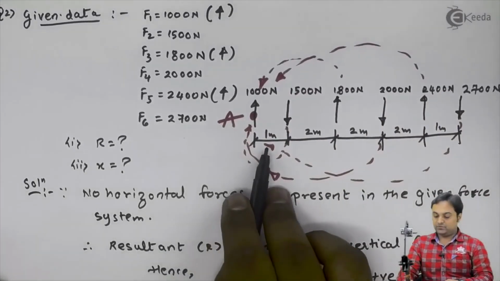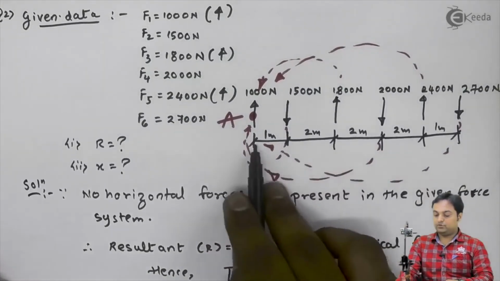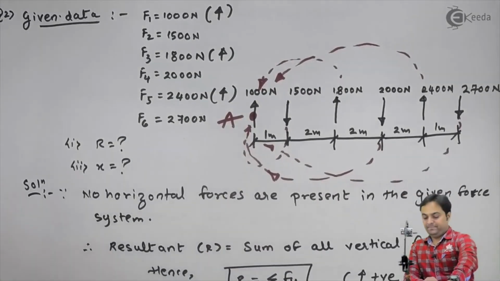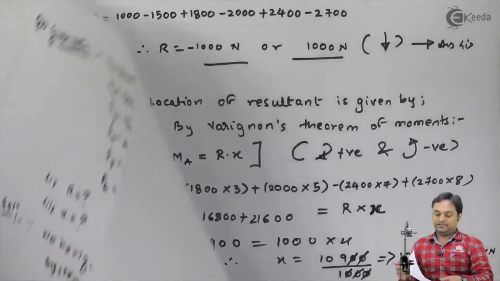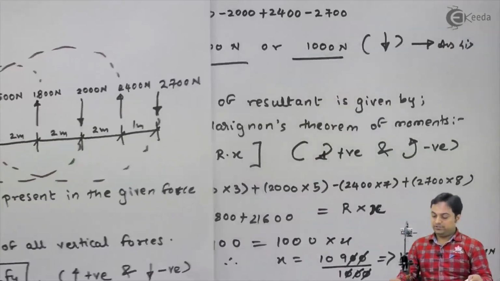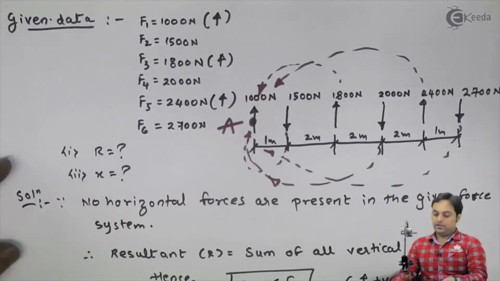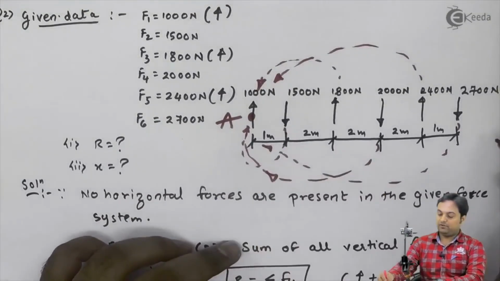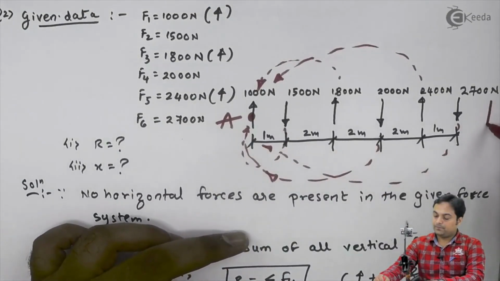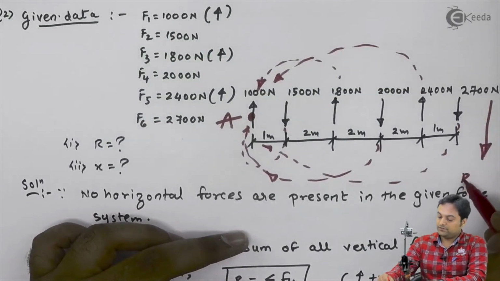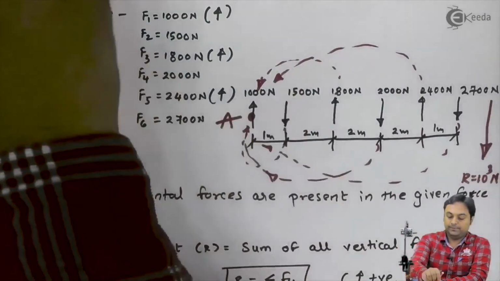This total distance is 1, 2, that is total is 8. Resultant I am getting it as downward 1000 Newton, its location is 10.9, so 10.9 will be away from this force system. I can mark it here. This resultant is 1000 Newton, acting downward.